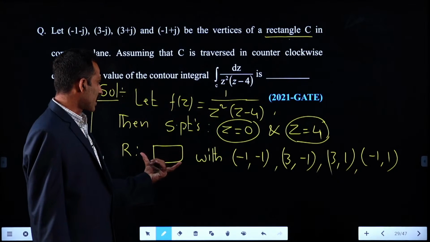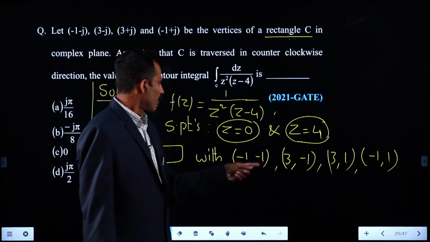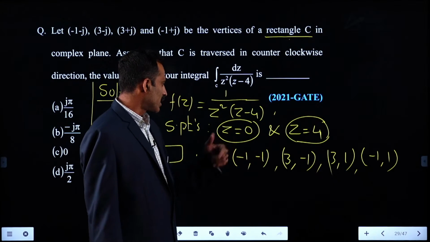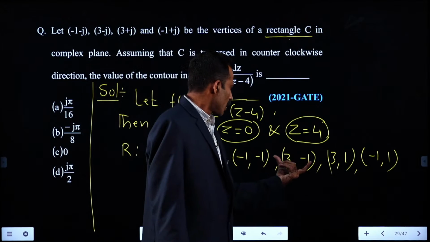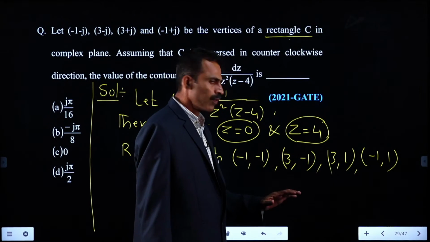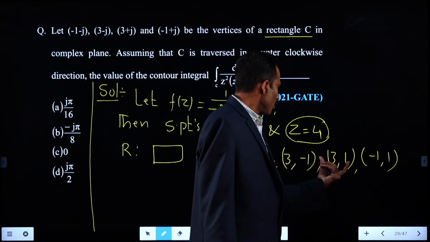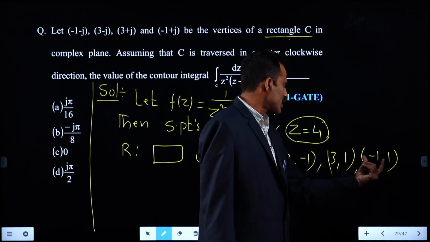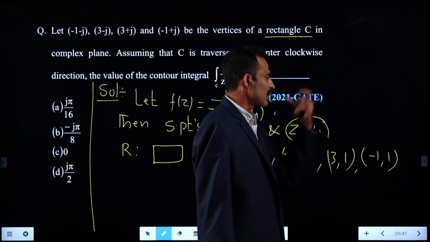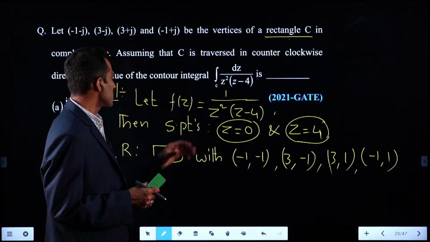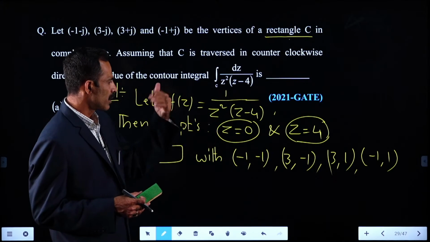Now we are given a rectangular region with 4 vertices. In the first one, both x and y are negative, so this lies in the third quadrant. In the second, x is positive but y is negative, so this lies in the fourth quadrant. Here x and y are both positive, so this lies in the first quadrant. And x is negative, y is positive, so it lies in the second quadrant. So let us draw this diagram, and then we check whether the singular points lie inside the region, outside the region, or on the region.